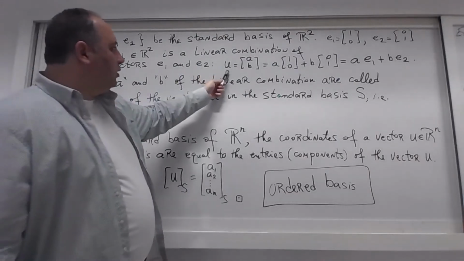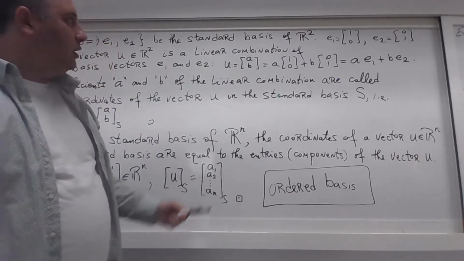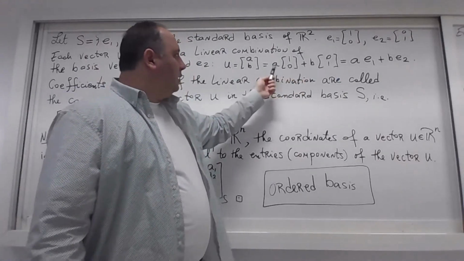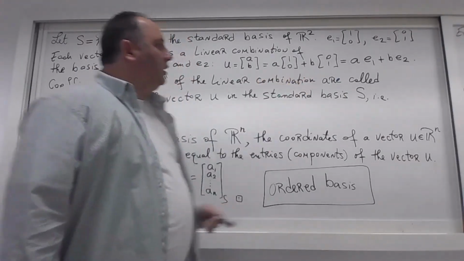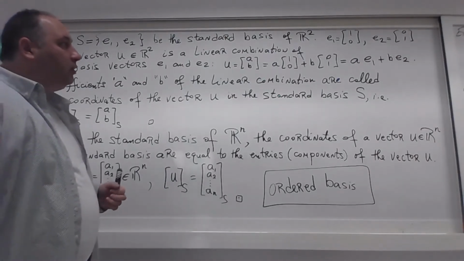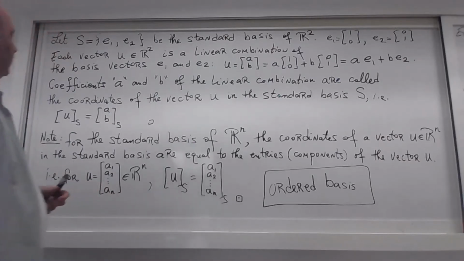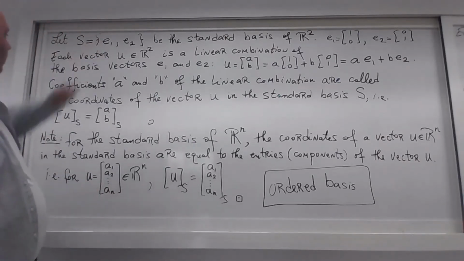So if I have a vector u with components A and B, so entries A and B, this is what it means. A and B are coefficients in a linear combination. Those coefficients come in front of the basis vectors. Okay? So this is our standard basis.